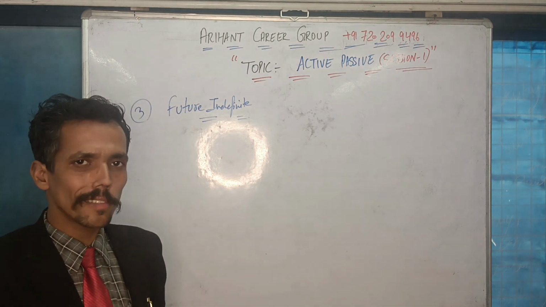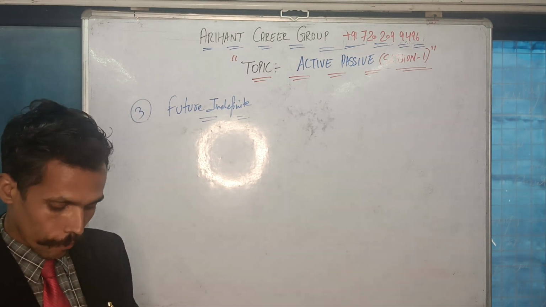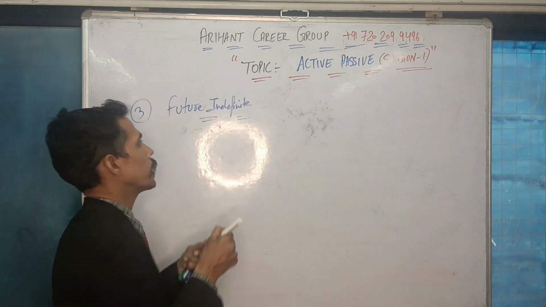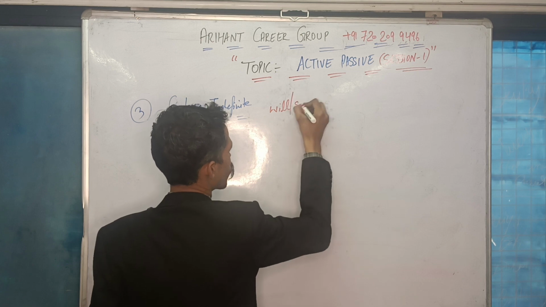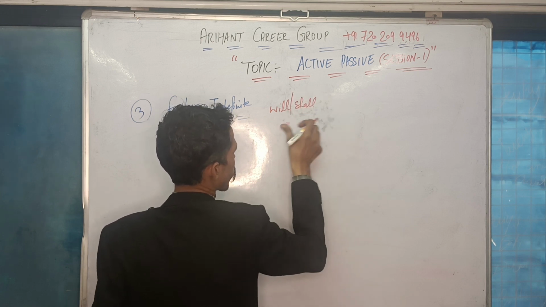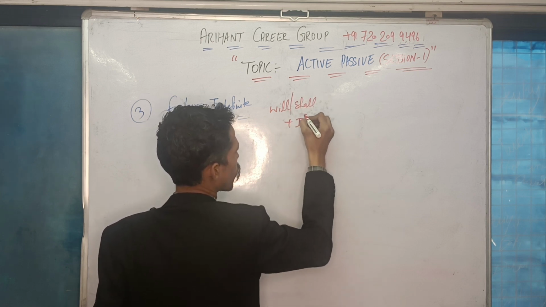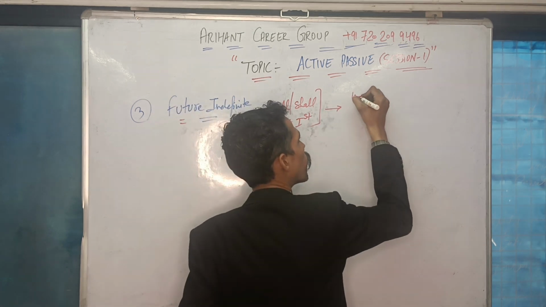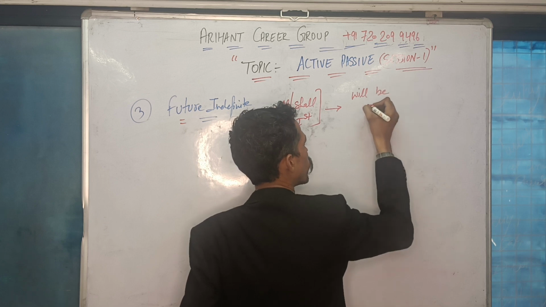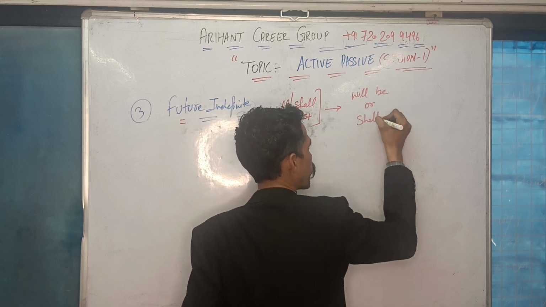You can also use the word simple, but I'm using the word indefinite here. So please understand that in case of future indefinite, you will be given will or shall plus first form. In the answer, you will be writing either will be or shall be.